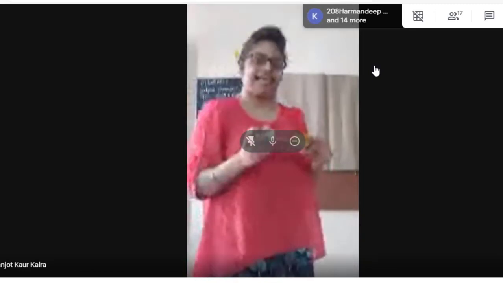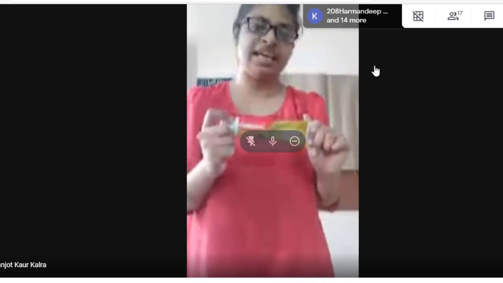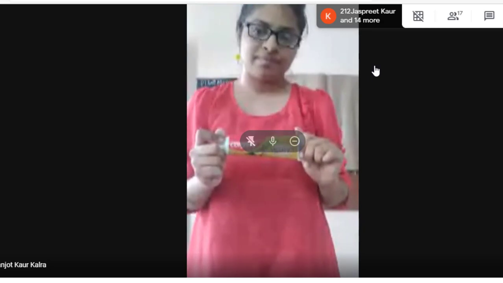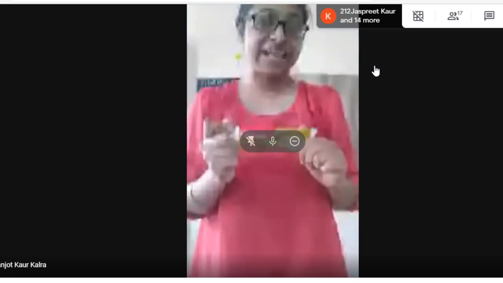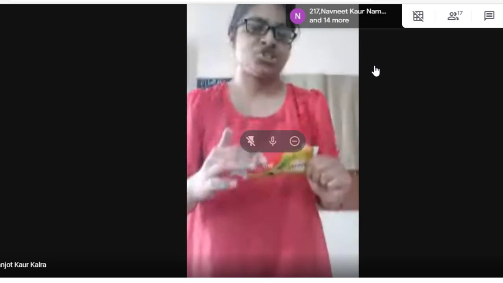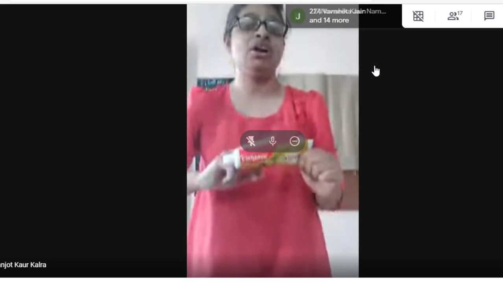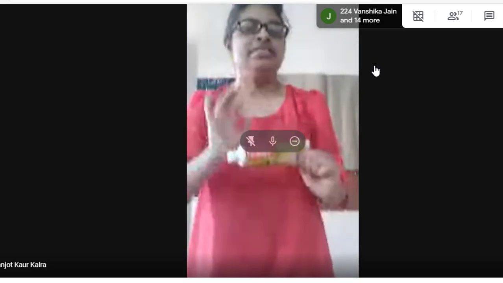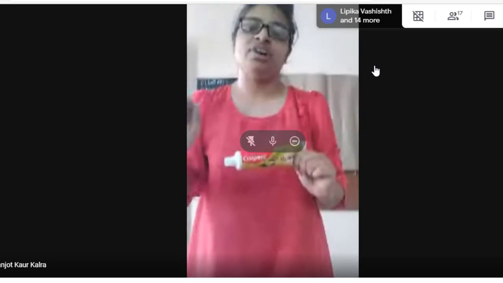Student, tell me what is the name of this product? Colgate Total Shakti. Yes, Colgate Total Shakti, very good. So this is its primary package. It is the immediate packing of a product. It will be kept until the entire life of a product.